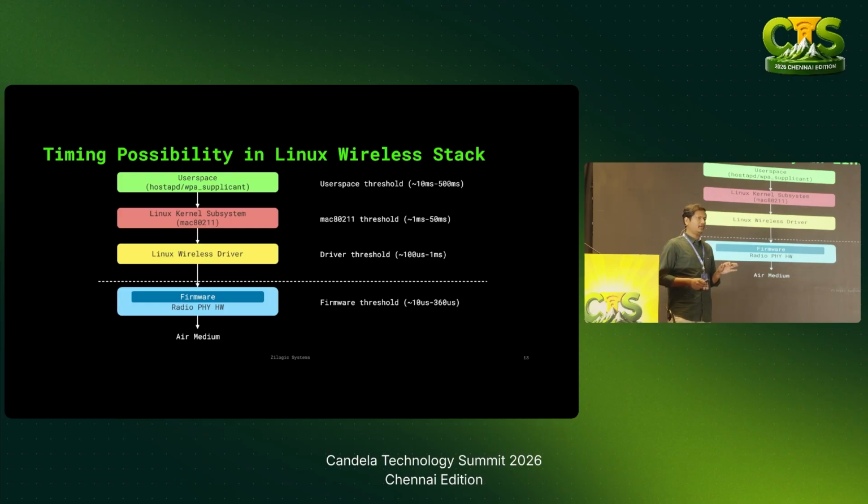For the mac80211 softmac driver, the threshold is based on the soft IRQ and the interrupt latency, and all that counts to 1 millisecond to a few milliseconds. On the Linux Wi-Fi driver, we can achieve around 100 microseconds to 1 millisecond. And the most stringent timing requirement can be handled by the firmware.